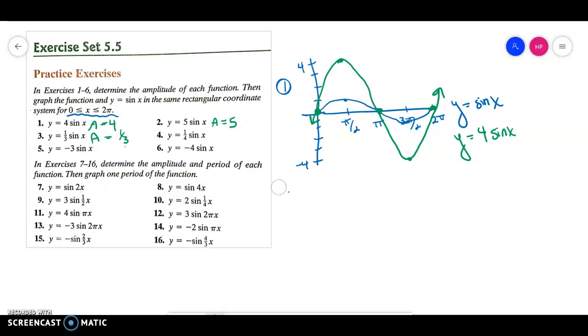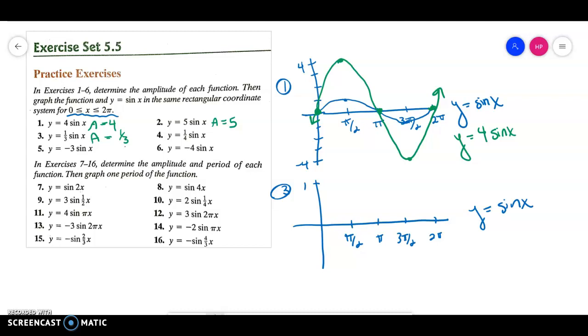And this one, again, is just a matter of scale it however it works for you. So I'll keep it about just as big. So I have pi over 2, pi, 3 pi over 2, and 2 pi.